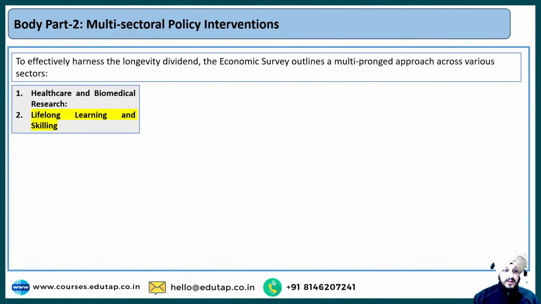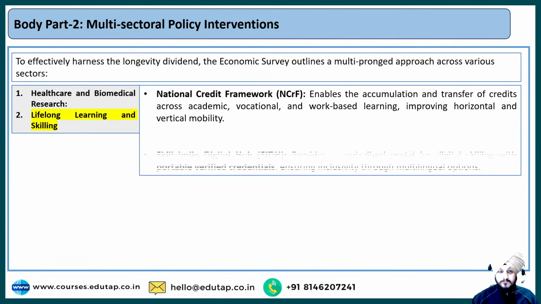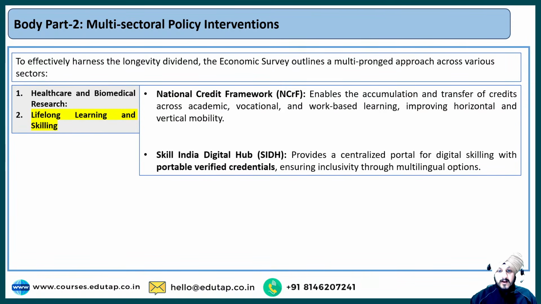Then the next one is regarding lifelong learning and skills. Over here, the economic survey says that we need to promote initiatives like the National Credit Framework and Skill India Digital Hub.